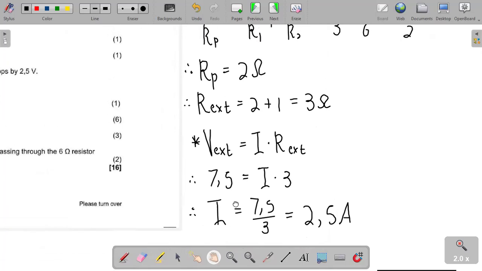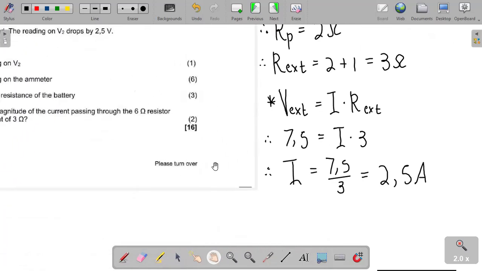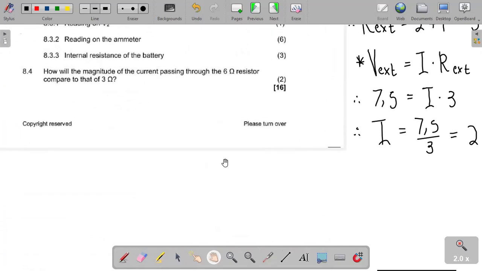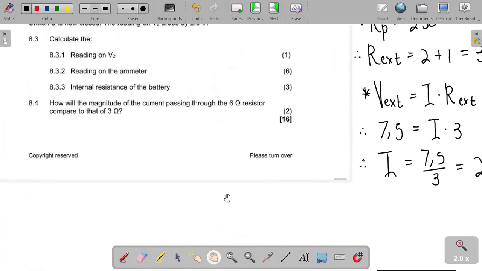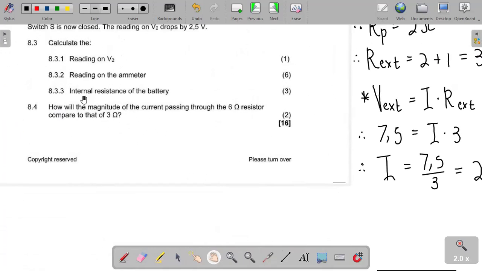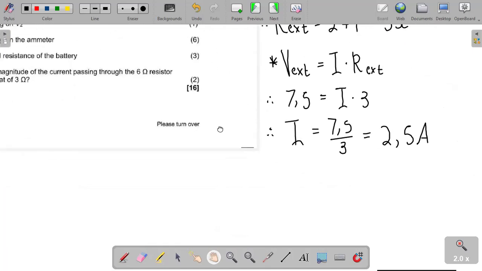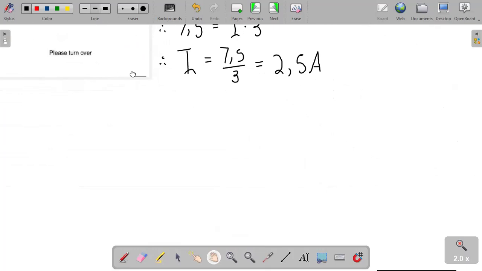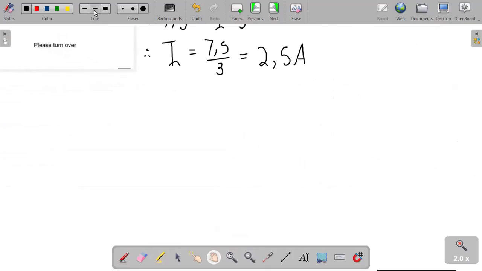And then, okay, let's go to 8.3.3. Now, internal resistance of the battery. Okay, if we are looking for the internal resistance, what are we going to do here? For 8.3.3, we can use the EMF.